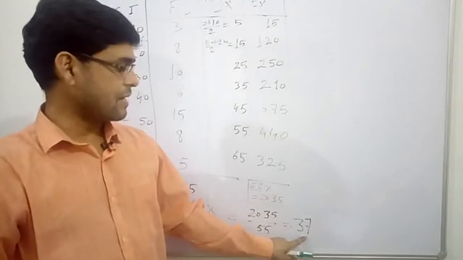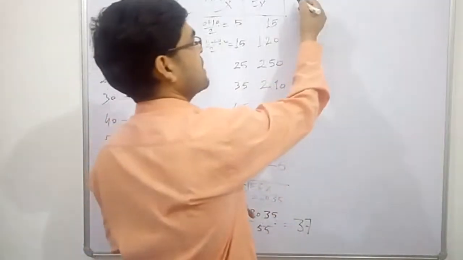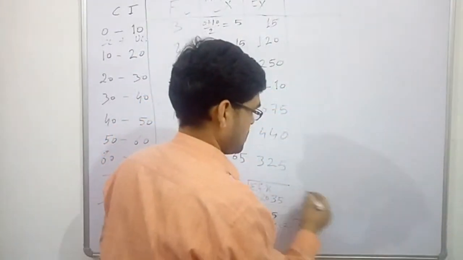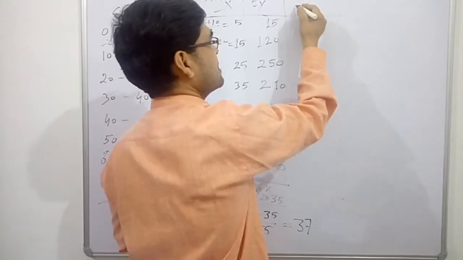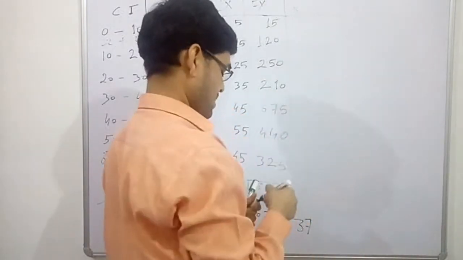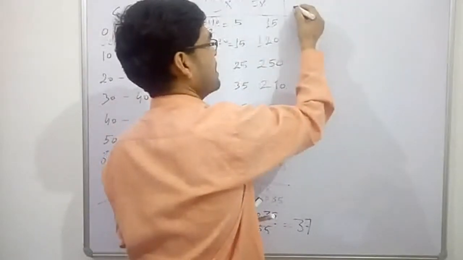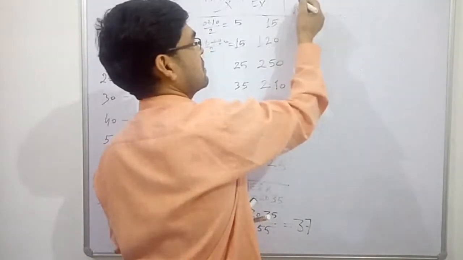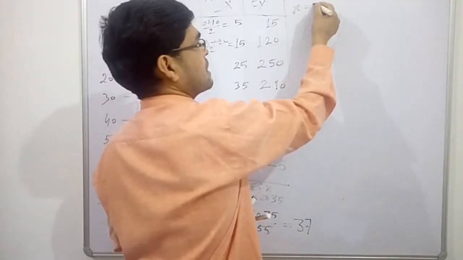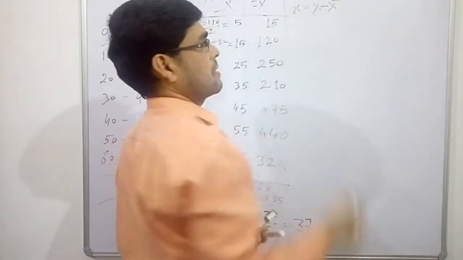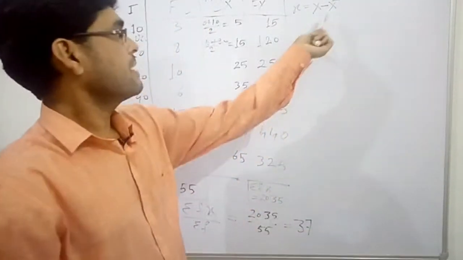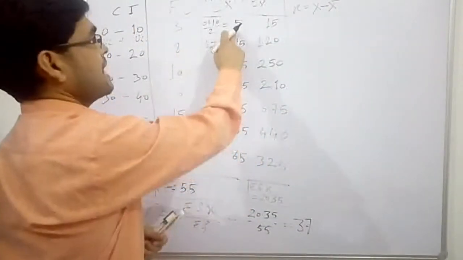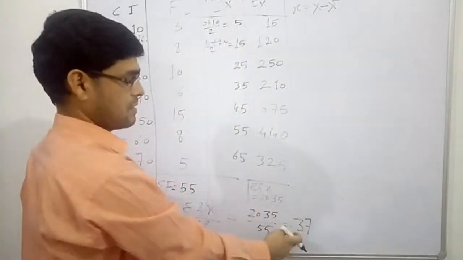Once the mean is calculated, the next step is to calculate the deviation from the mean. This is small x, or simply deviation, dx, where small x equals x minus x bar. Here x is the mid value and x bar is the mean.